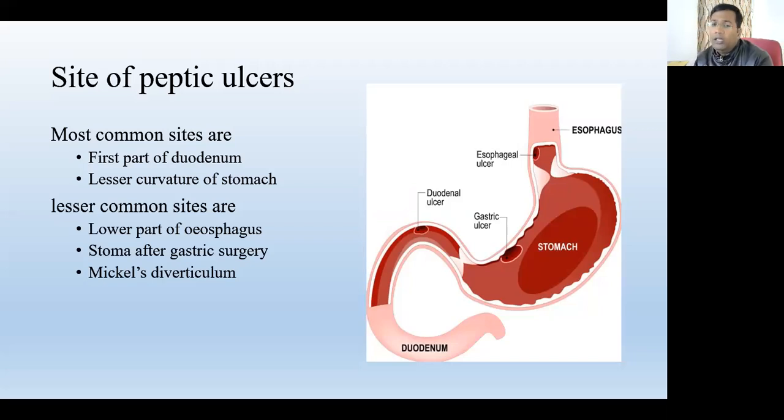Some percentage, 5 to 10%, of ulcers may be present in the second and third parts of the duodenum, and sometimes in Meckel's diverticulum, because Meckel's diverticulum contains gastric mucosa. That's why ulcers may be present inside the Meckel's diverticulum also.